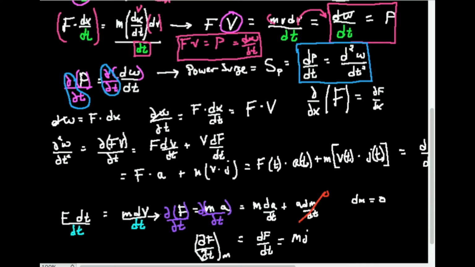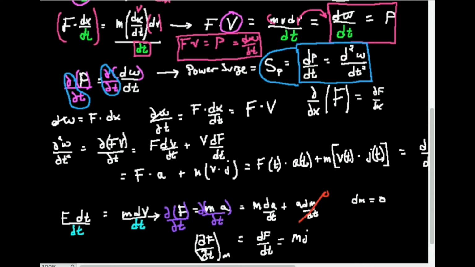All right? And this also itself is a differential equation. It's a second order differential equation. And technically, most books don't really teach this particular thing, but this is called a power surge. Okay, and hopefully that makes sense because basically your power is changing.